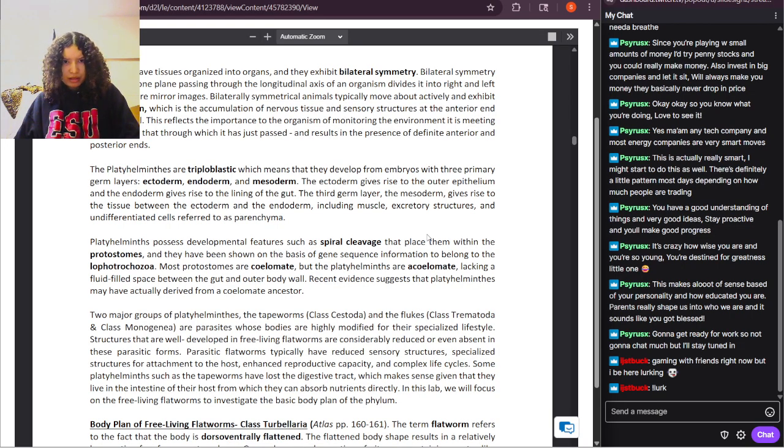And the mesoderm includes muscle. So the ectoderm is epithelium, endoderm turns into the gut lining, and the mesoderm turns into muscles. Meso, muscle, I think that's how I remember it, both start with M. Platyhelminths are protostomes.